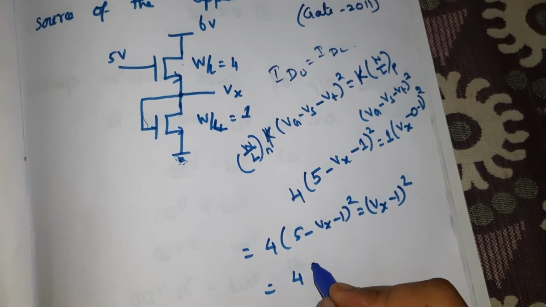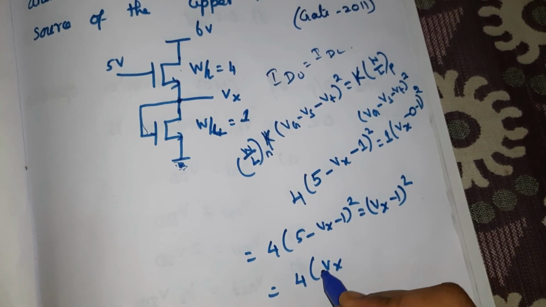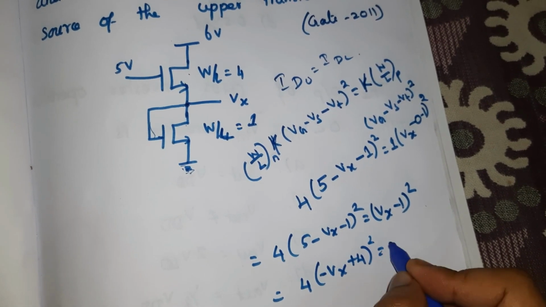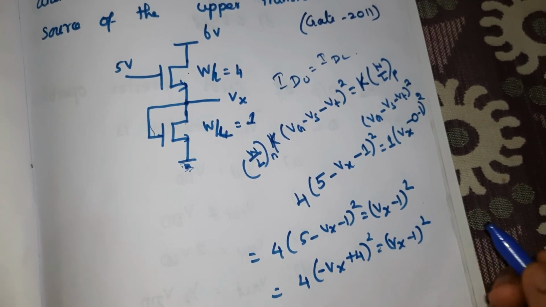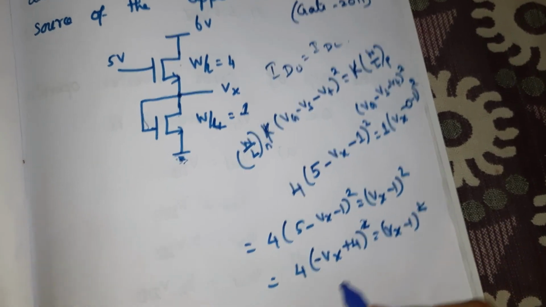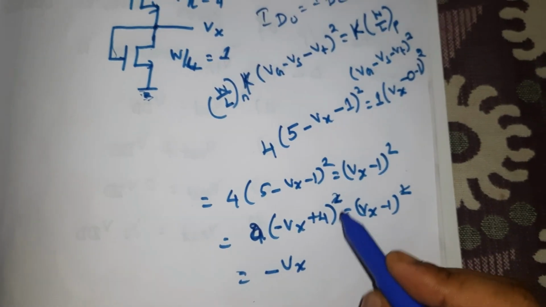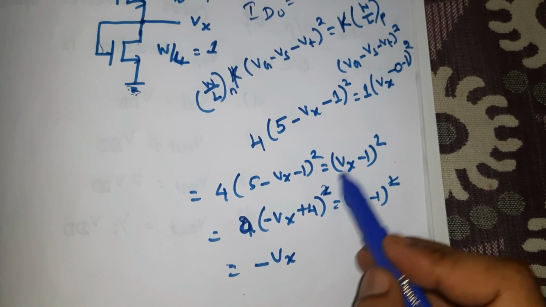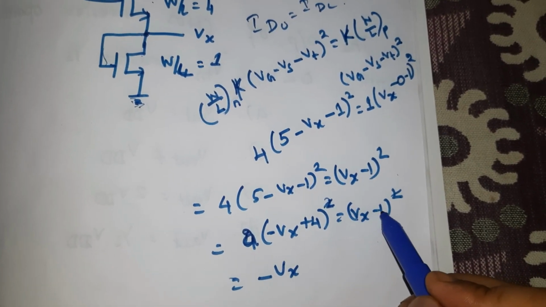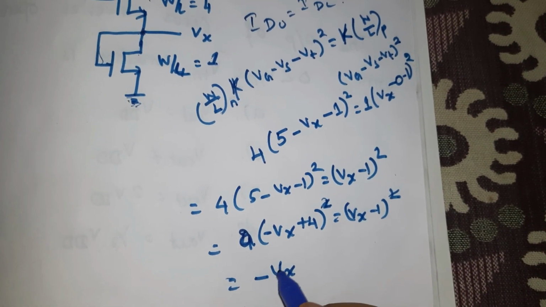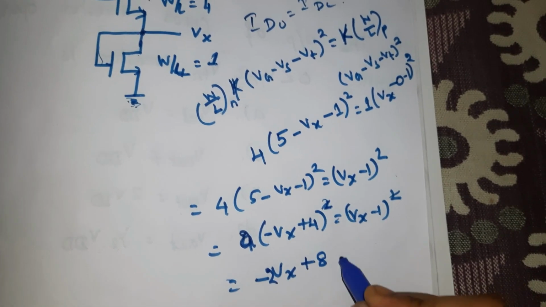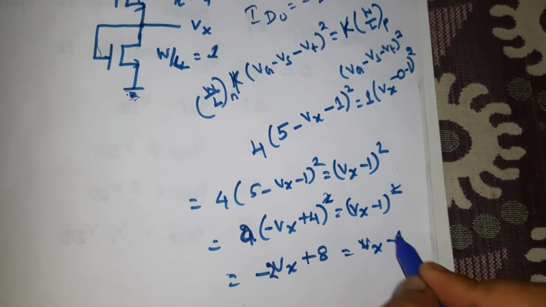So solving this, 4 into minus Vx plus 4 the whole square is equal to Vx minus 1 the whole square. Both sides have a square, so we can eliminate the square. Removing the square we get 2 into minus Vx plus 4 is equal to Vx minus 1, so we get minus 2Vx plus 8 is equal to Vx minus 1.